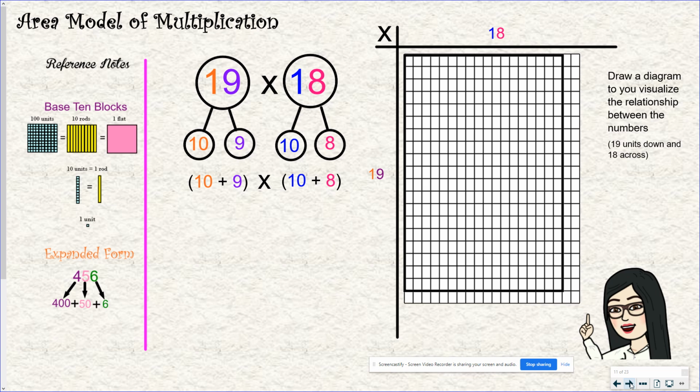I placed the 18 on top and the 19 on the side. Then I counted 18 squares going across and 19 squares going down. And I drew a rectangle.